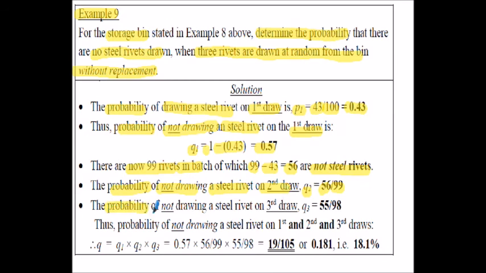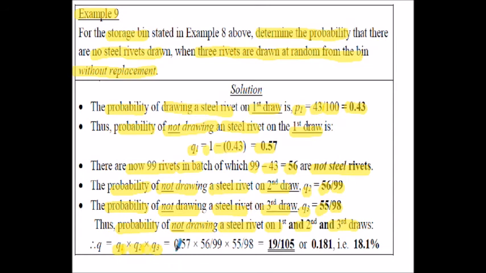The probability of not drawing a steel rivet on the third draw, Q3, is 55, the number of rivets that are not steel rivets, divided by 98, the number of rivets in the batch. So the probability of not drawing a steel rivet on the first and second and third draws is given by Q1 times Q2 times Q3.